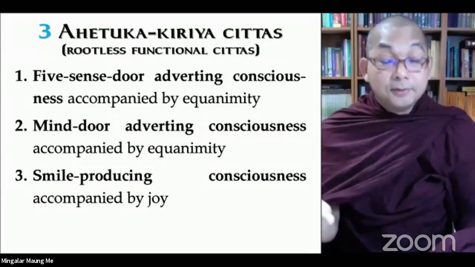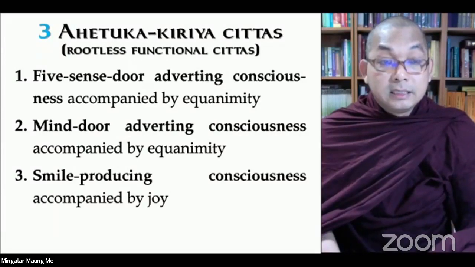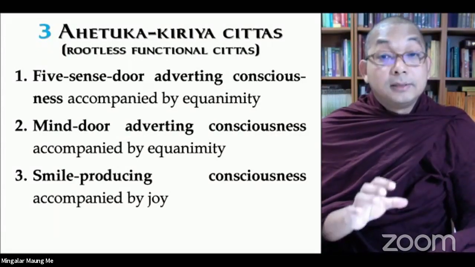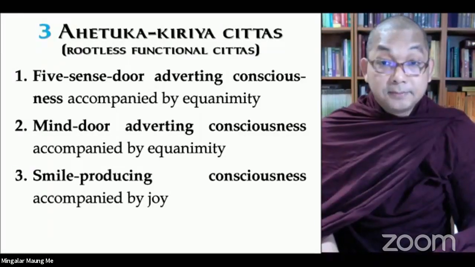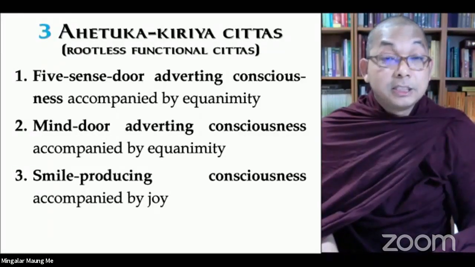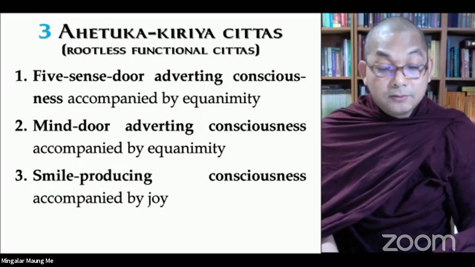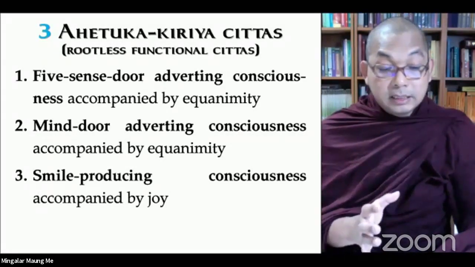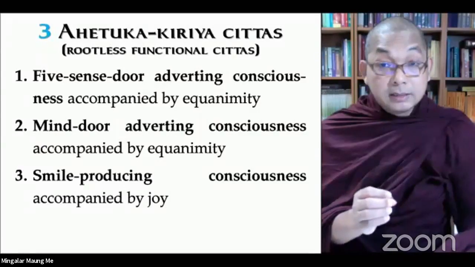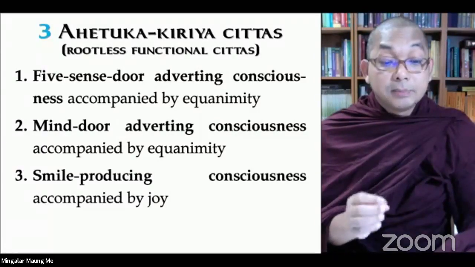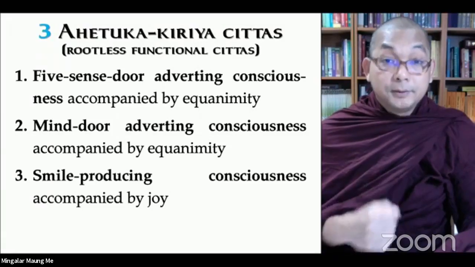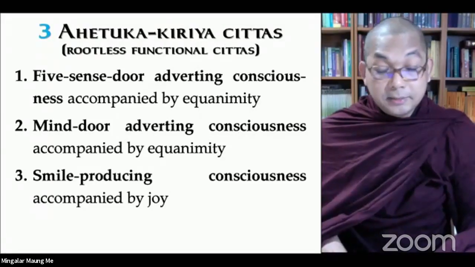The other 4 we will study when we talk about material phenomena in the 6th chapter. So for the time being, you can just take note that mind producing consciousness arises only in the minds of Arahant and the Buddha.